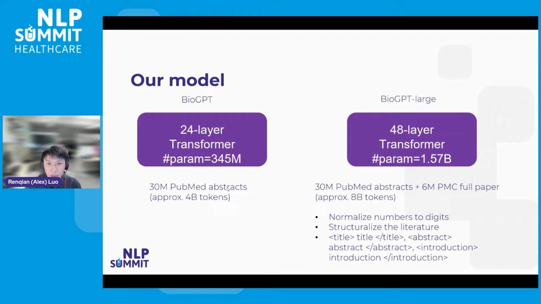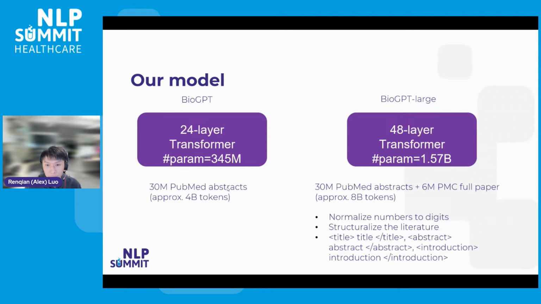So in our work, what we finally give is two models, our BioGPT and the BioGPT large version. Both models are based on transformer decoder models, and that is the GPT model. The difference between the two models is mainly the size.